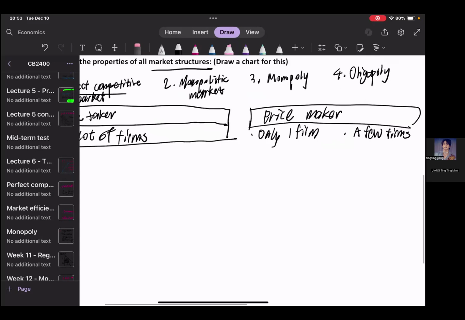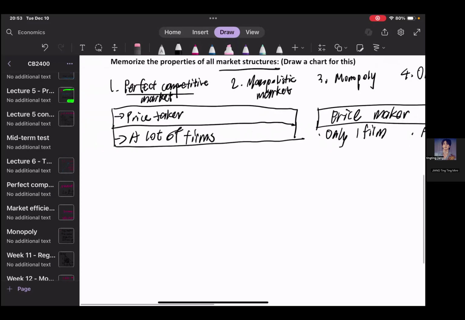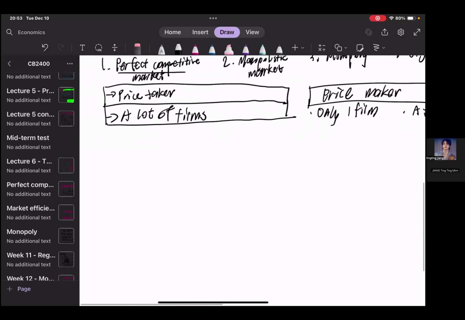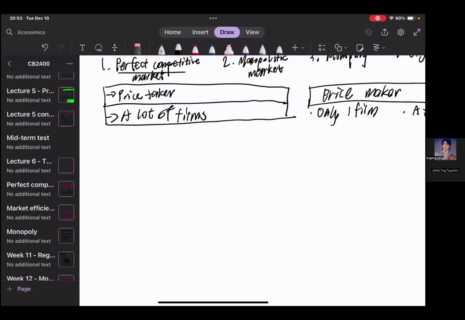But a few firms is also strong. Their power will still be very strong. Even though they're oligopoly with few firms, they are grabbing each other's resources, trying their best to gain as much profit as possible.